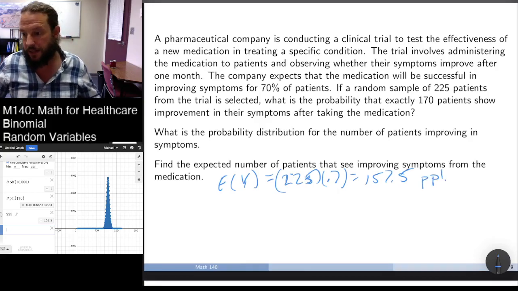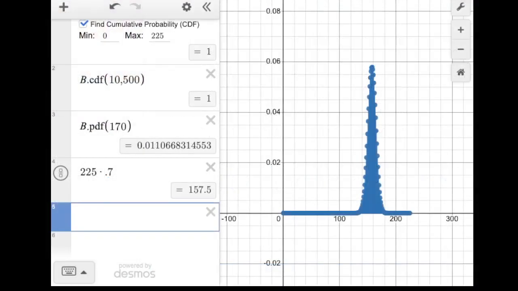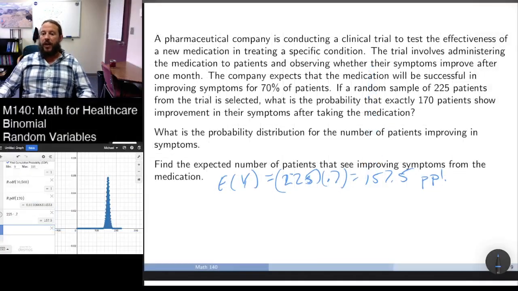That makes sense. If we look at our picture real quick, it's near that peak. So we'd expect 157.5 people to see improving symptoms, and notice we leave the 0.5, even though half a person can't have improving symptoms. We leave the 0.5 because it's a long-term average.